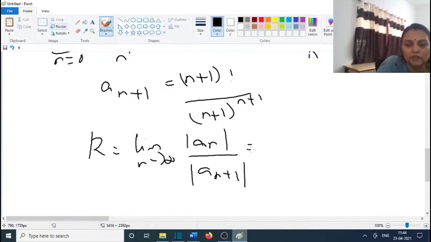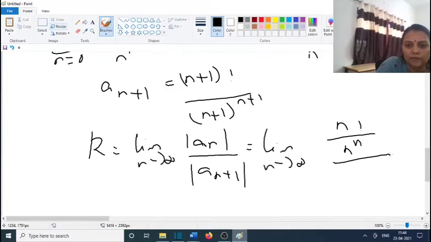So which is equal to limit n tends to infinity of n factorial by n raised to n, divided by (n+1) factorial by (n+1) raised to n+1.